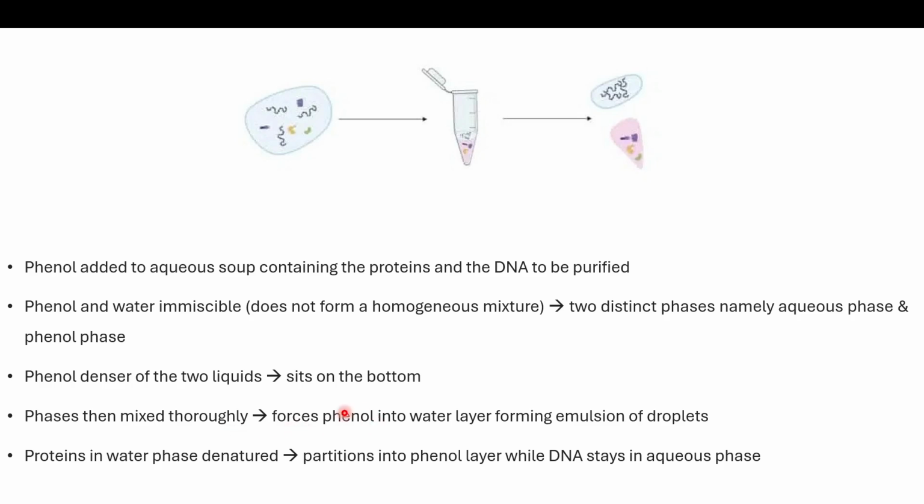Eventually the phenol layer is forced into the water layer, thereby forming an emulsion of droplets, right? And so the proteins present in the water phase are denatured and partition into the phenol layer, while DNA stays in the aqueous phase. Now, why are they denatured? In general, proteins have hydrophobic regions as well as polar regions.